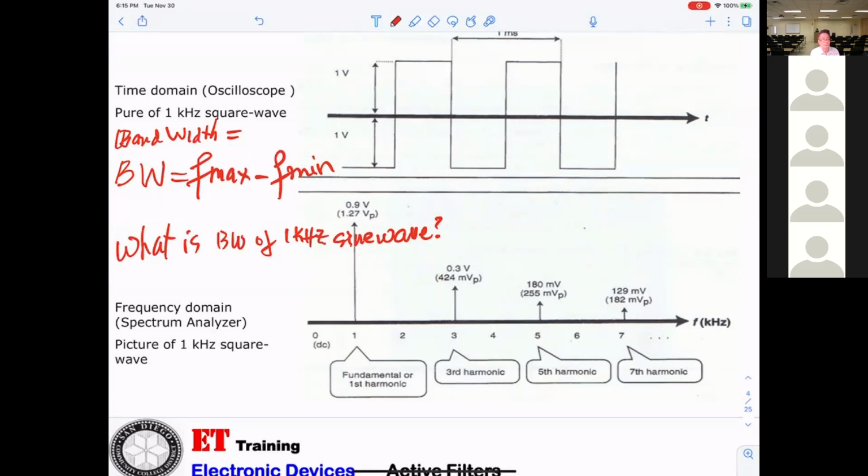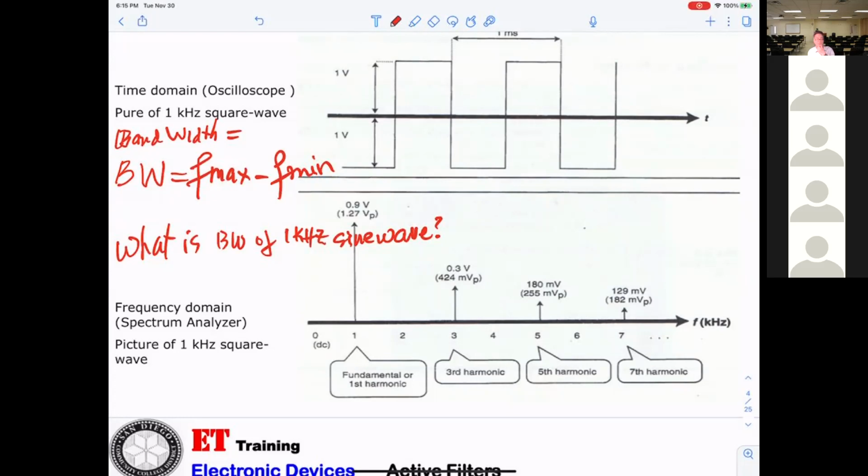That's the general definition. Hey, Mr. Pham, one of the students already said that. Yeah, I think I did say that. Sorry, FH stands for high frequency and FL stands for low frequency. Am I correct? And it's the difference between them. Yeah, okay, I did say that, I just said it in a different manner.